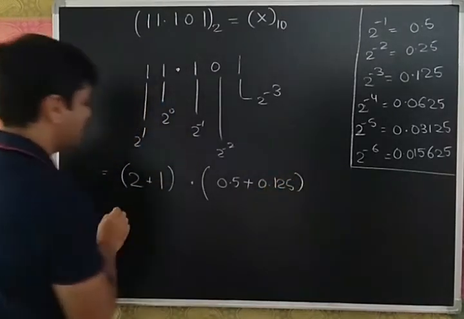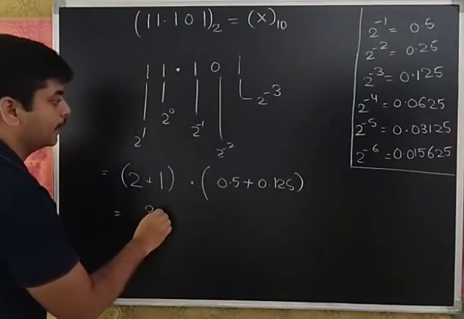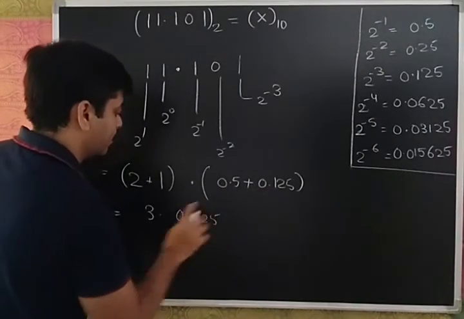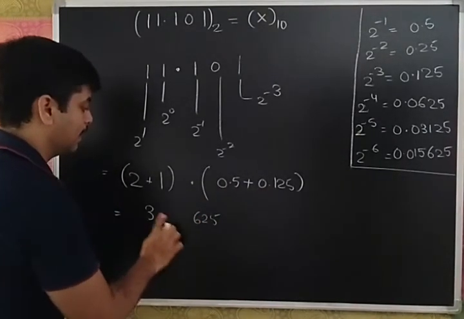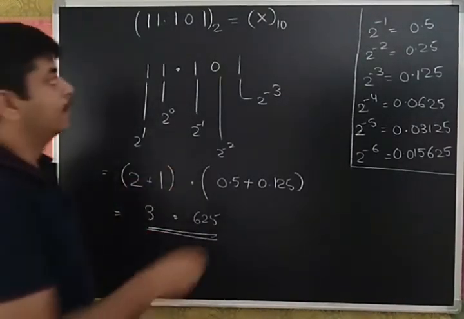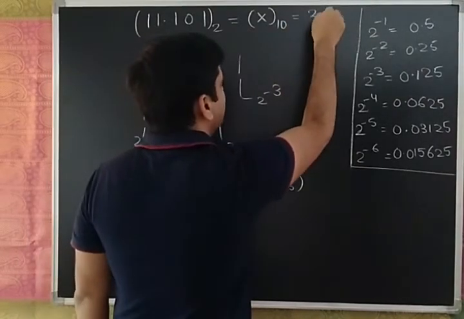So this is 2 plus 1, 3. 0.5 plus 0.125 is 0.625. So it is 3.625. The equivalent number for this in the decimal system is 3.625.